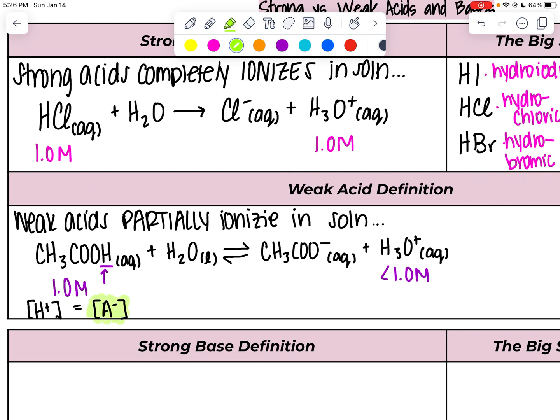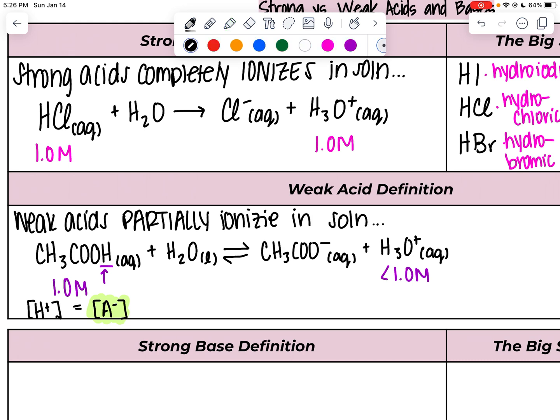So this thing right here, this is a way that you can write your conjugate base. We call it A- because it was your acid, and then when it deprotonated, when it lost that hydrogen ion, what's left over is the conjugate base. So the acid just minus that hydrogen ion plus a negative charge.